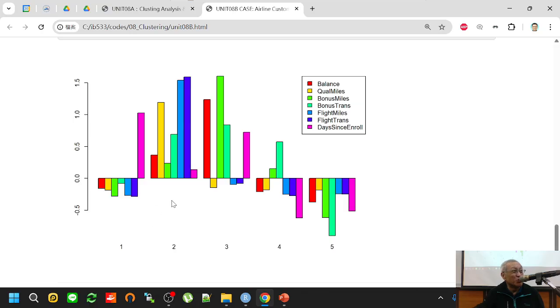And what is your strategy? What is your campaign design to approach it, right? Okay, so that's how clustering is useful in a business condition. Okay.